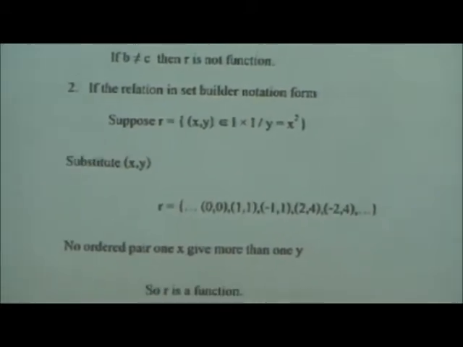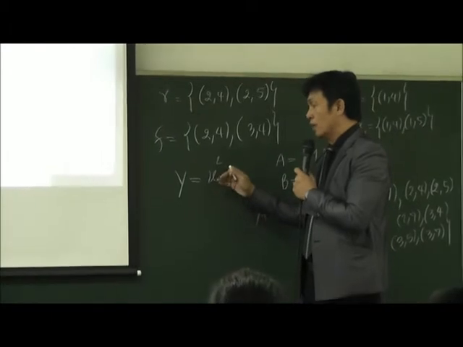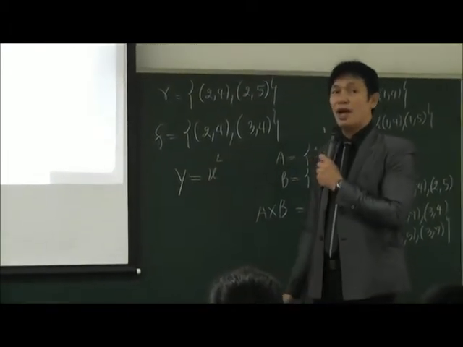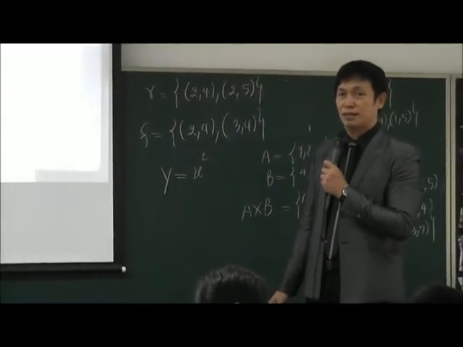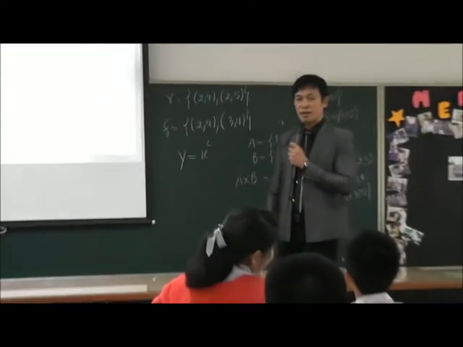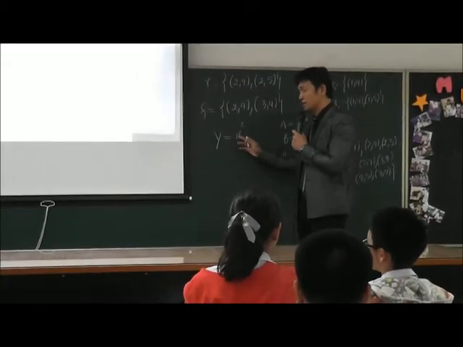First, you sketch the graph. How do you know this? What is the name of the relation y is x squared? Who can answer?